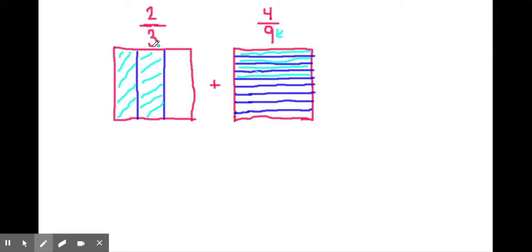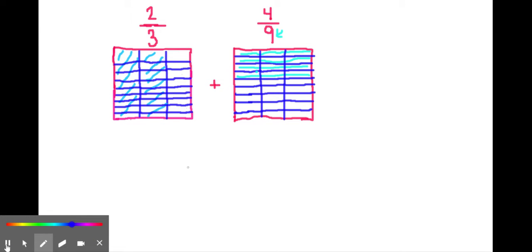So for my thirds, I'm going to horizontally divide it into ninths, and for my ninths, I'm going to vertically divide it into thirds. Now we have both of our area models representing both fractions.